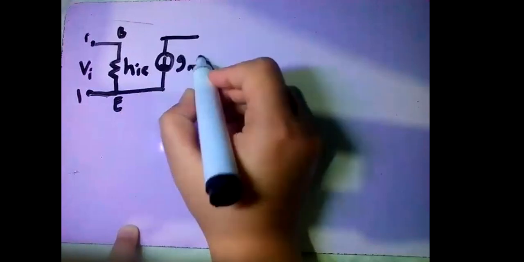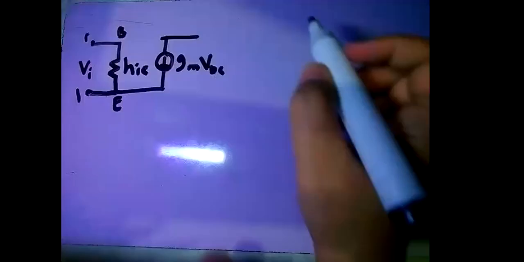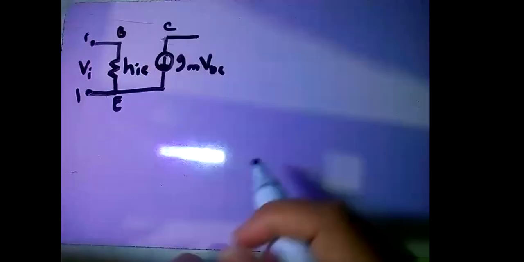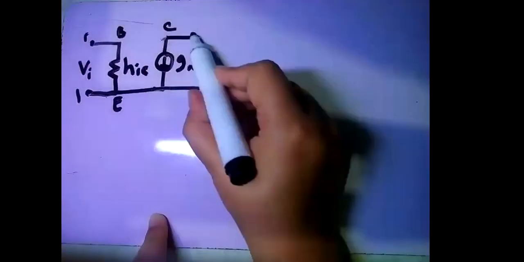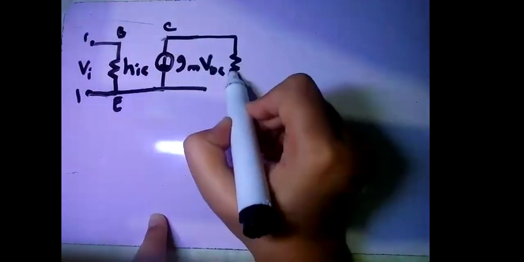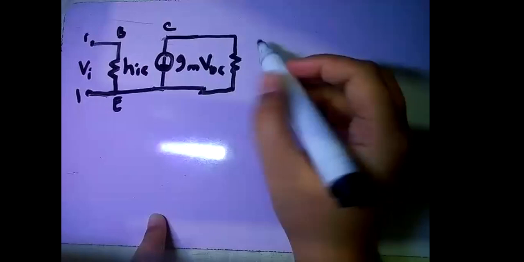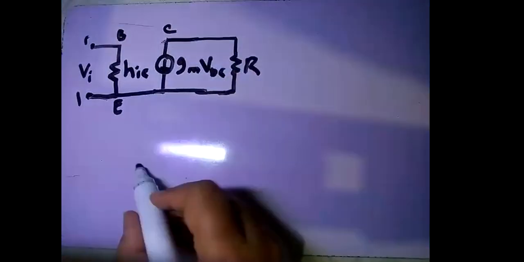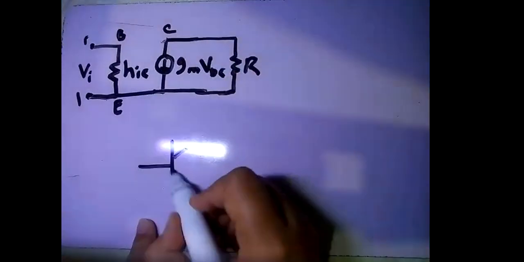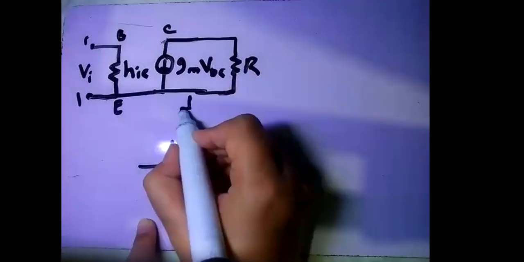Now comes the current source. This point is known as the collector point. Next one is the resistor R, which is lying above the capacitor. Here you can see that this is the capacitor, lying like this.